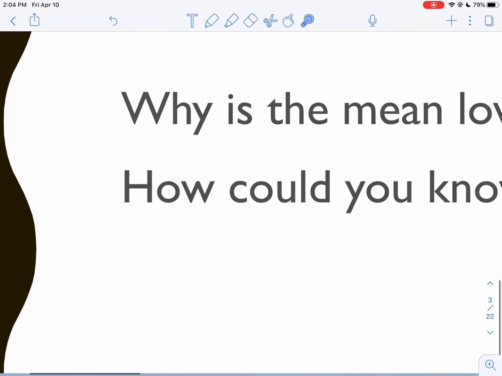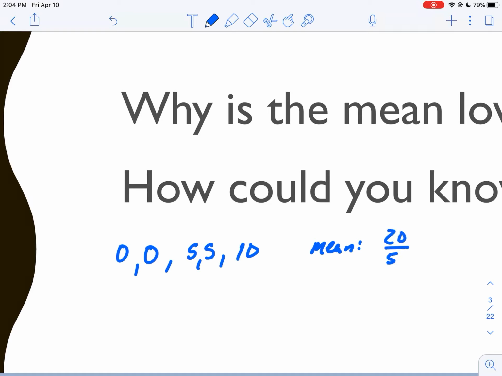I like to think of it in money. Let's say that there were 5 of us. 2 of us had 0, 2 of us had $5, and 1 person had $10. Okay? Well, if we did the mean here, and we all evened it out, we would add all these up: 10 plus 5 plus 5 plus 0 plus 0 is 20, divided by the 5 people, we would all get $4.